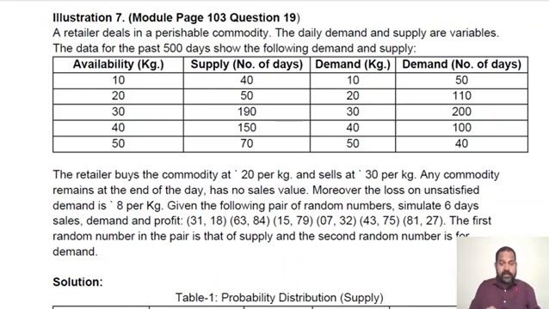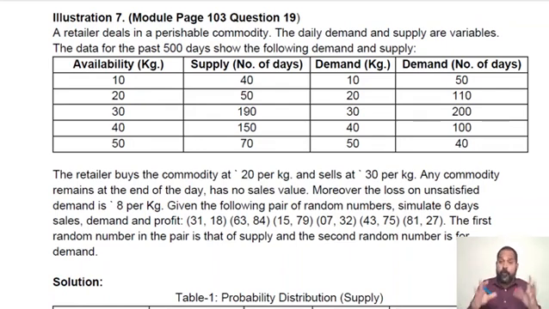Remember in the previous question, if you don't sell the book, it's not like after 1 year the book is going to start rotting. That is not going to happen. But what will happen is the value of the book will reduce. You can't sell the book for the same value. Here they are saying that if you sell, fantastic, 10 rupees profit. If you don't sell, it is a perishable commodity. It is food. You cannot stock food and then sell it later.